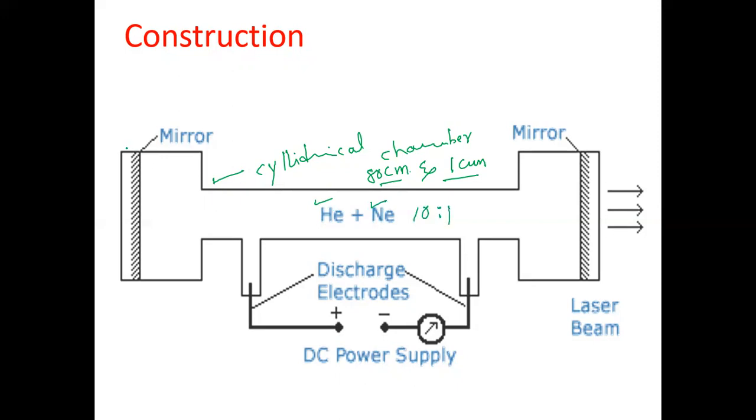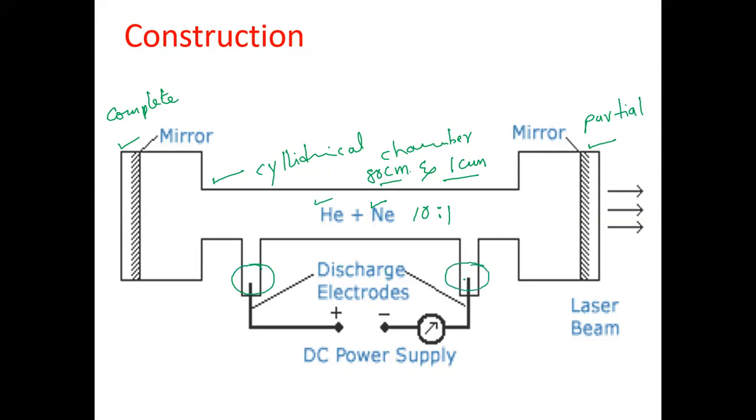The end faces of this chamber have 2 mirrors. One mirror is a completely reflecting mirror, another one is a partially reflecting mirror. And the chamber has 2 electrodes.